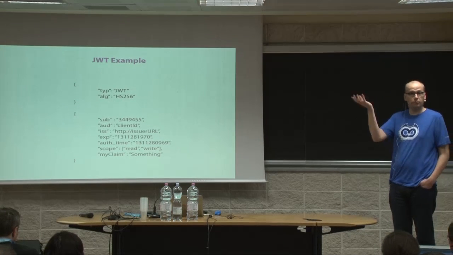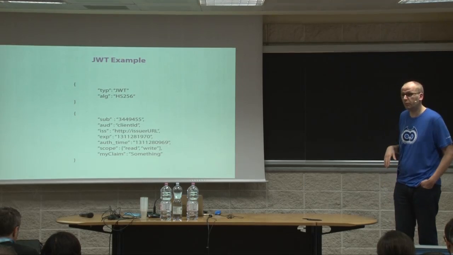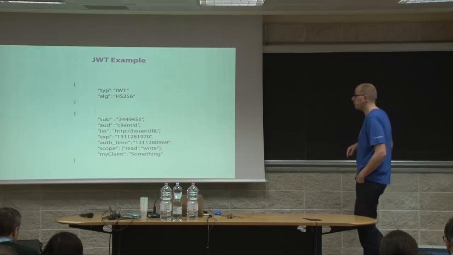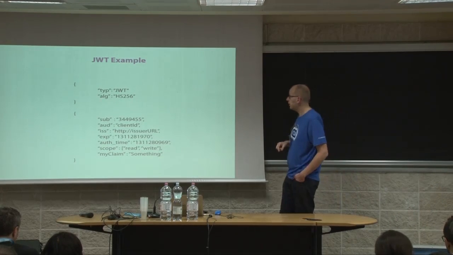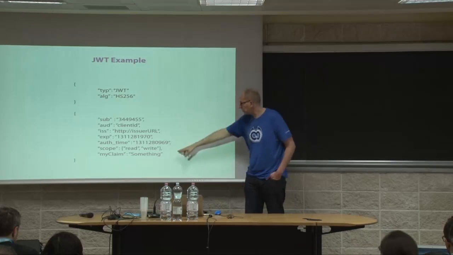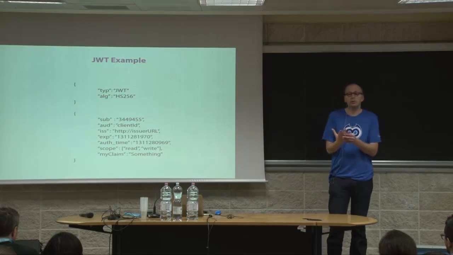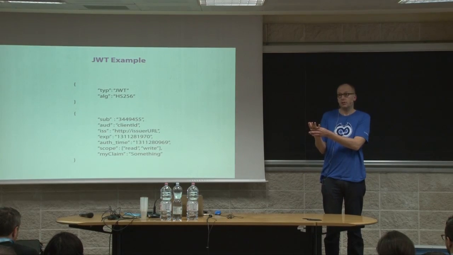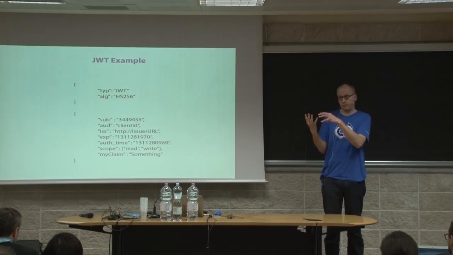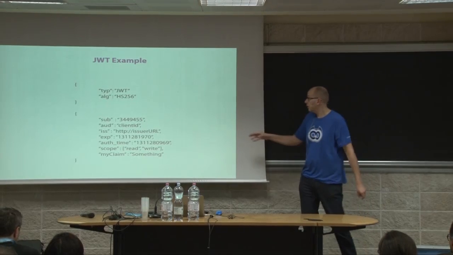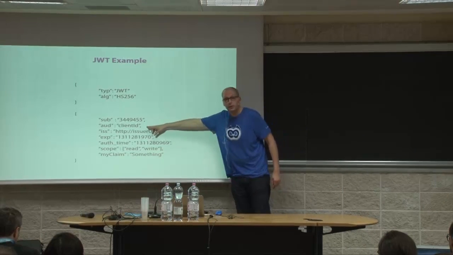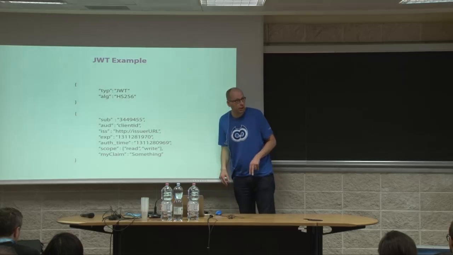But you can make them up yourself if you want. You can say, well, I want customers. So I put customers in here. So the authorization server knows about scopes. So it checks the scopes you are asking for against the configuration for that client, to see if those scopes are allowed.